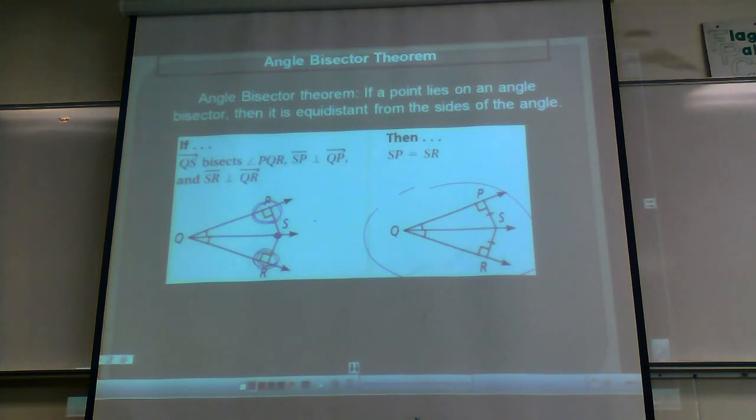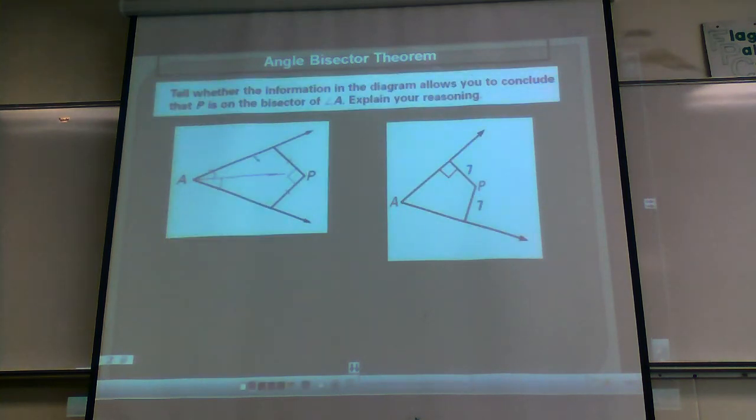So, this one on the left here: if I drew that angle bisector, is there enough information for me to decide if that point's going to pass through? Yes or no? The right answer is no, or not enough information.